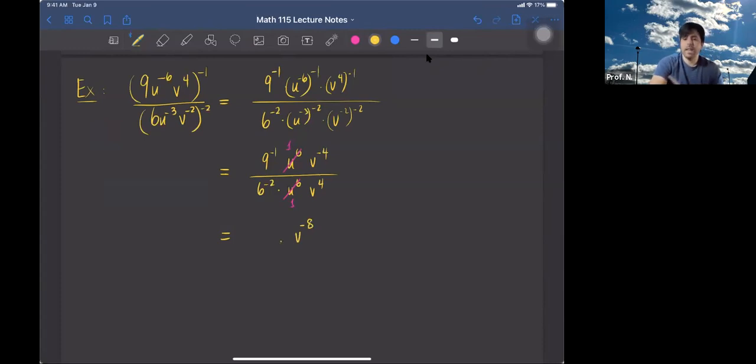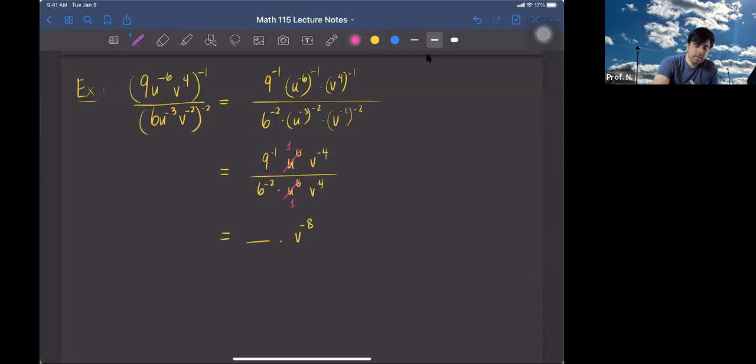Okay, and then how do we take care of the 9 to the -1 power over 6 to the -2 power? How do we take care of that fraction there? Don't you have negative exponents here?